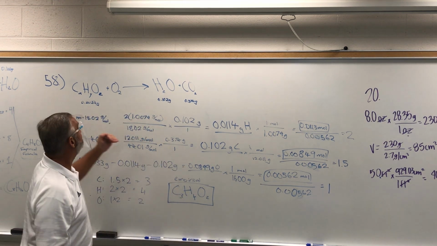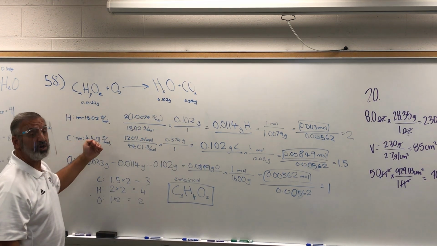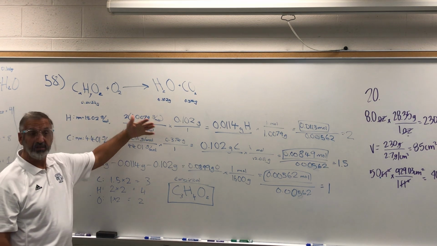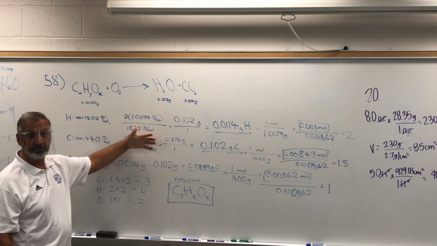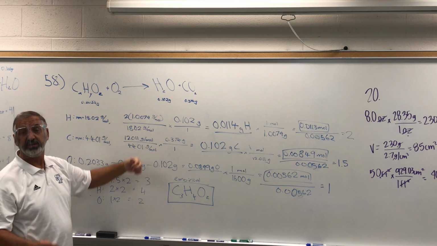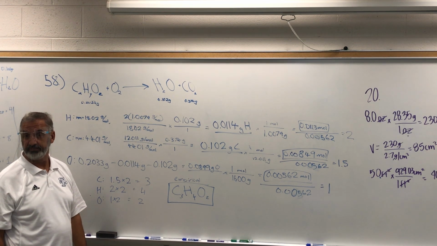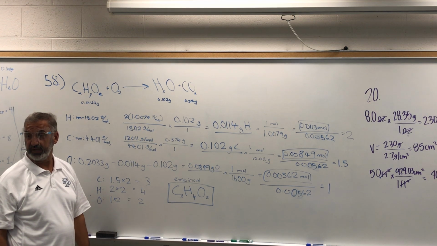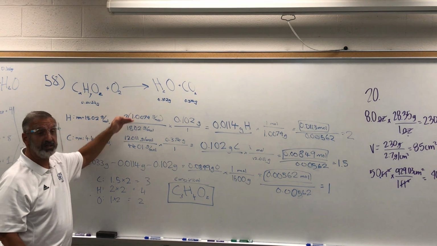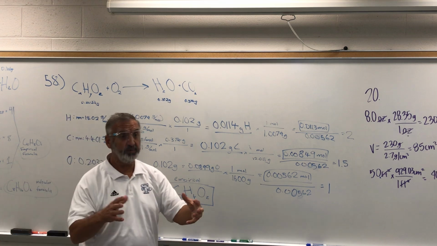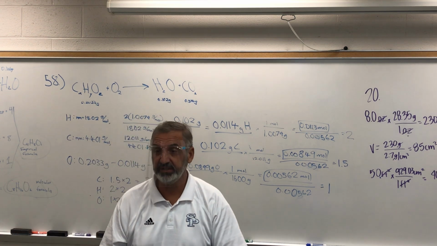All right, so 57 and 58 are going to be on the test Friday, tomorrow. Okay? The next ones are not. So this was good practice, but all the stoichiometry stuff that we did is not going to be on there.